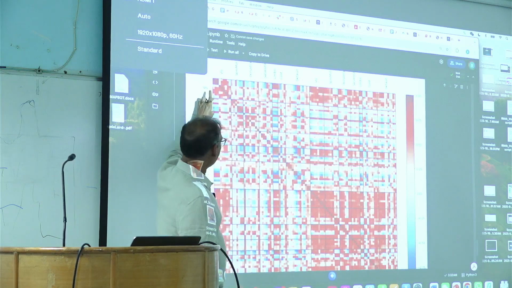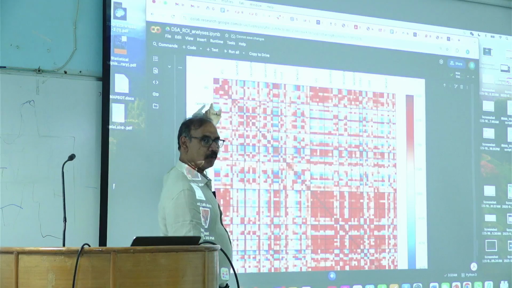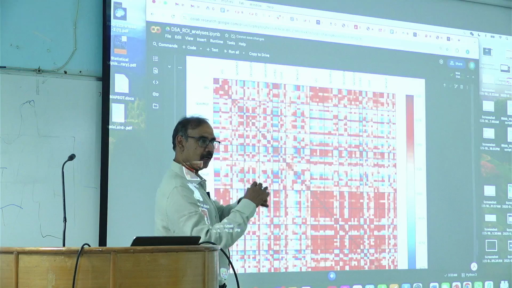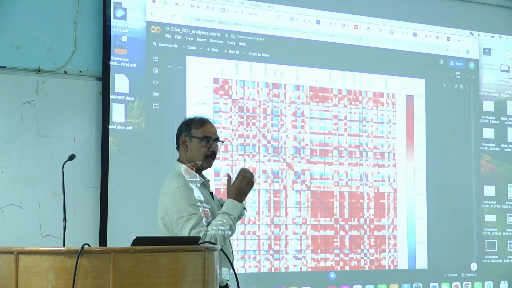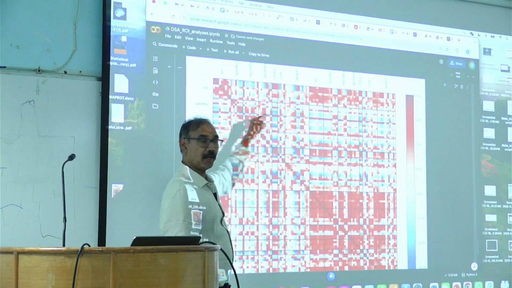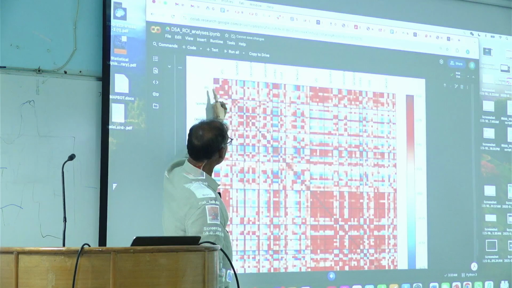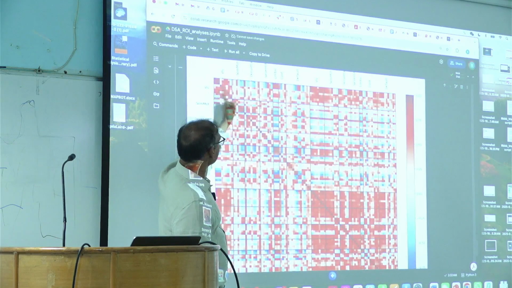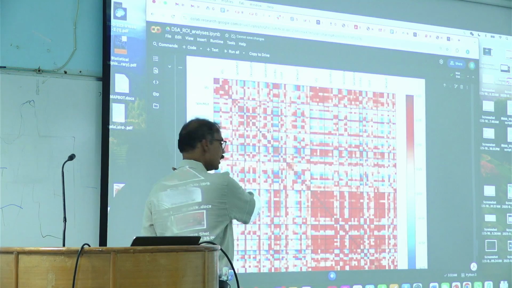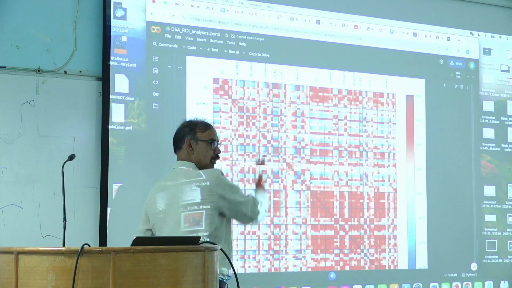And as Rahul said, if we were to take a voxel from the left motor cortex, then it would be this line, right? This is the left motor cortex with all these regions of vision, somatomotor, dorsal attention, and so on. So the seed-based analysis represents a single line of this correlation matrix or a single column.